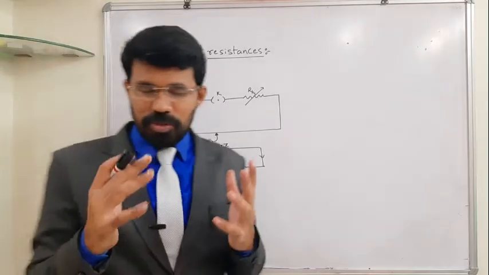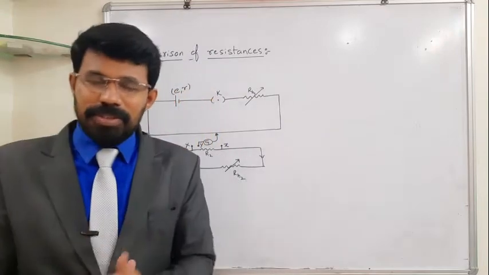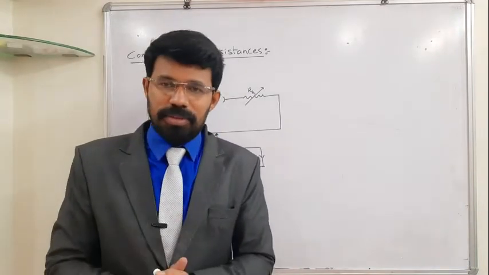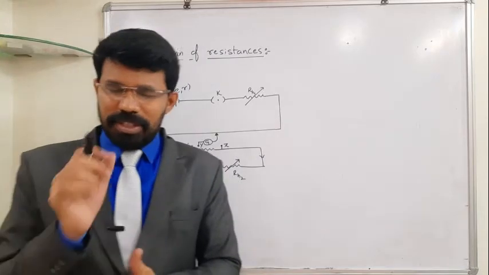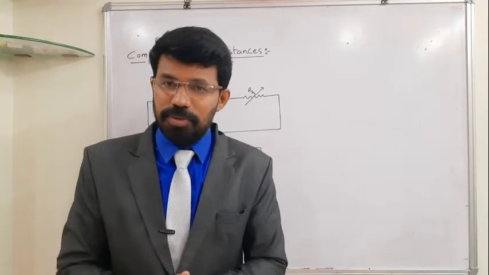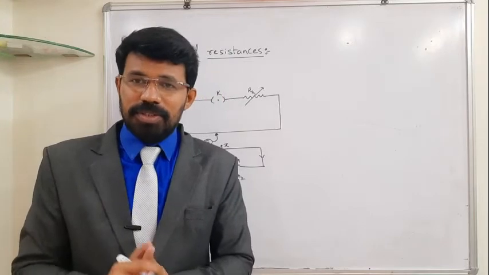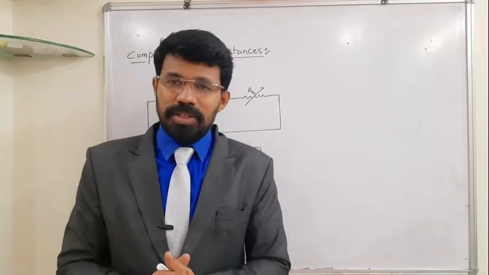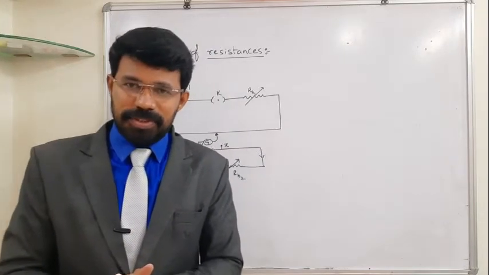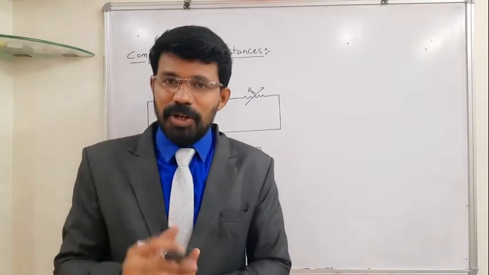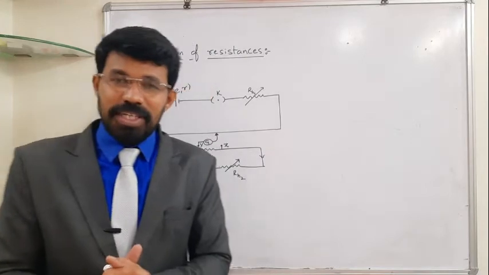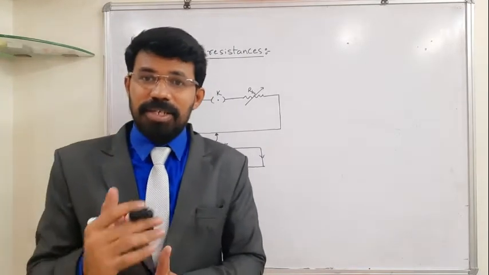Remember students, whenever you recollect this instrument, potentiometer, you should recollect one very important point connected with it. It is a device which is useful to measure absolute potential differences. The only reason for this capability is that it doesn't draw any current from the circuit.